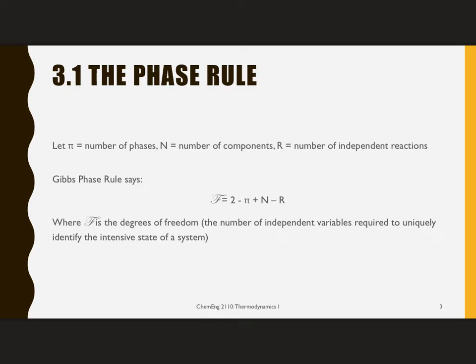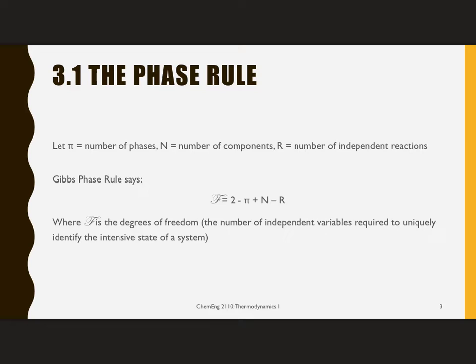F, the degrees of freedom, is how many independent variables are required to uniquely identify the intensive state of a system. We're looking at this primarily for pure systems, so the number of components will be 1, and we are doing no reactions. Again, with a pure system, we don't have a reaction.